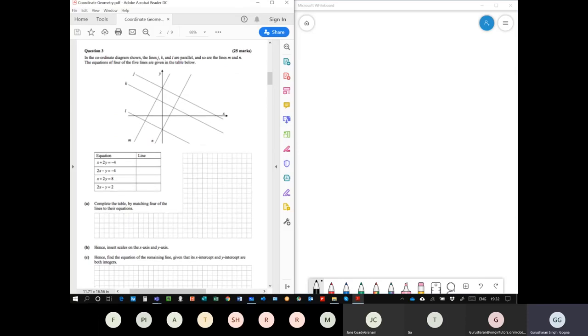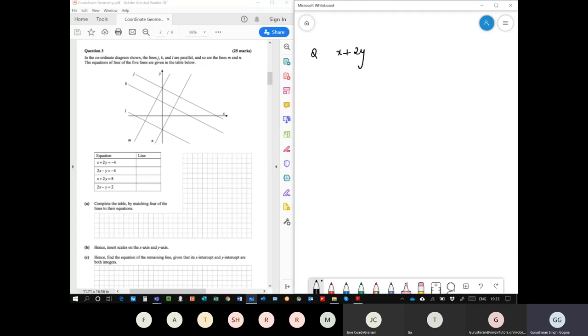So the question is, in the coordinate diagram shown the lines J, K, and L. So you can see that J, K, and L, they are parallel lines. And lines M and N, they are also parallel. The equations of 4 of the 5 lines, so total there are 5 lines, but they only give you 4 equations. So I'll write down the equations here.